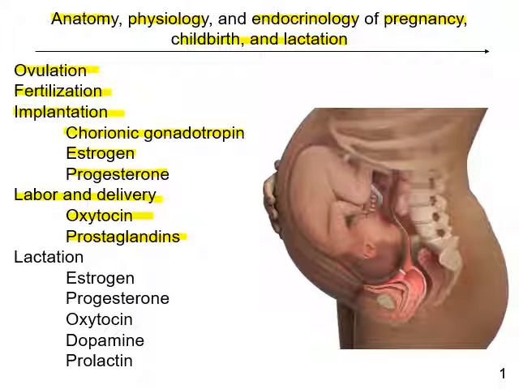And then we will turn our attention to milk, the production of milk by the mammary glands in a process that is called lactation, and the hormones that are important for the production of milk are, again, estrogen, progesterone, oxytocin, and then we will reintroduce dopamine and the anterior pituitary hormone prolactin produced by the lactotrophs of the anterior pituitary. So that's where we're going today. Be sure to ask me questions on the forum on Moodle.